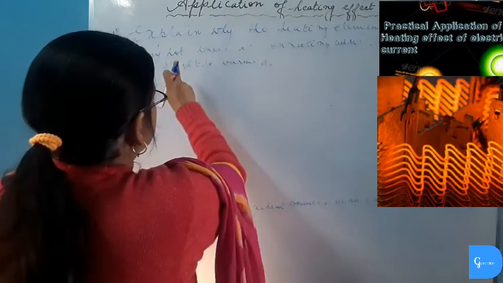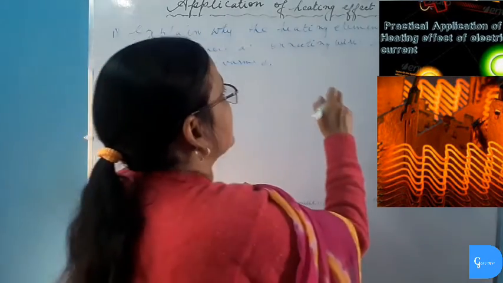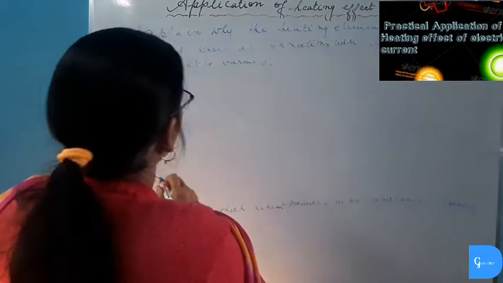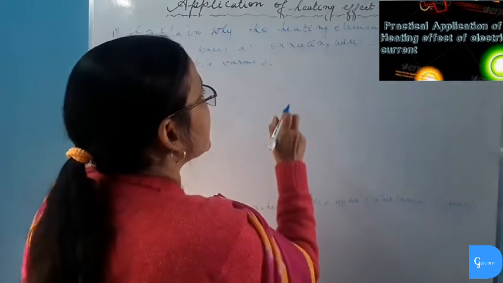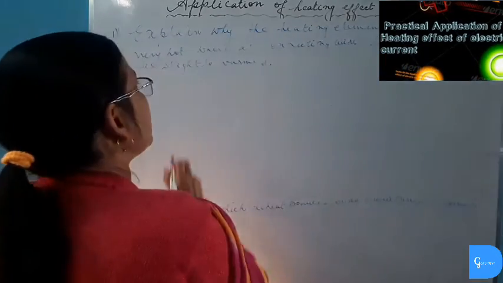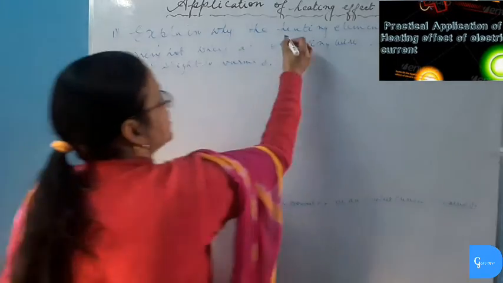Question is asked, explain why the heating element of heater becomes very hot whereas connecting wires leading to the heater is slightly warm. So we will take the heating element first.